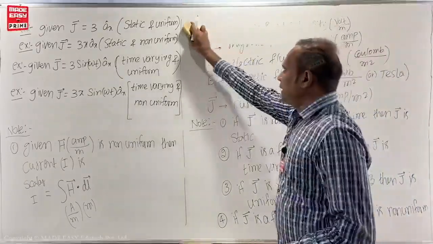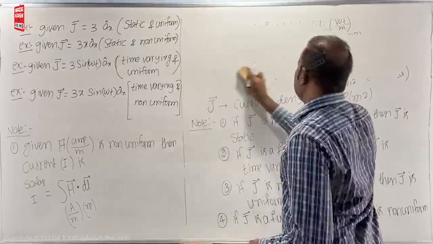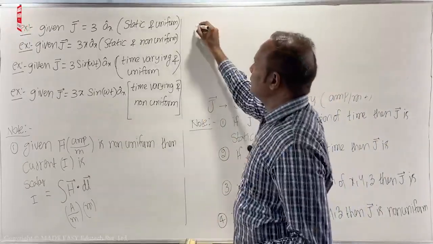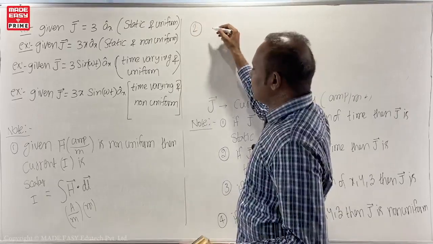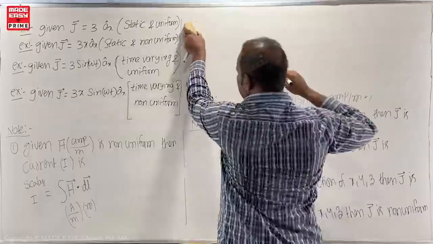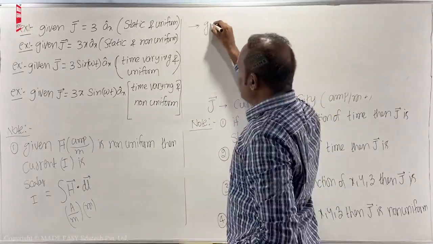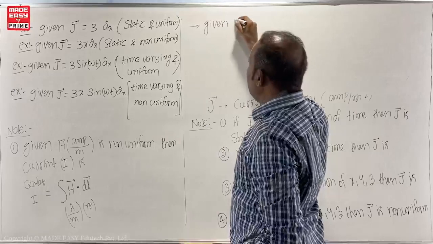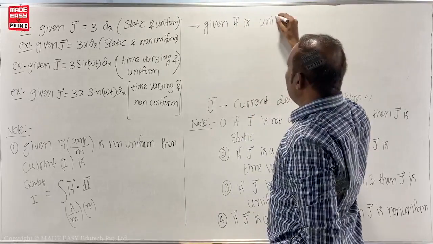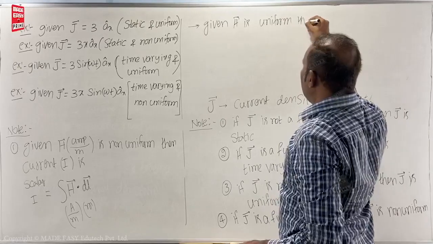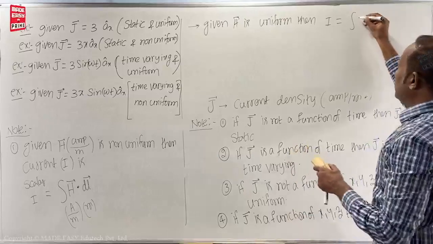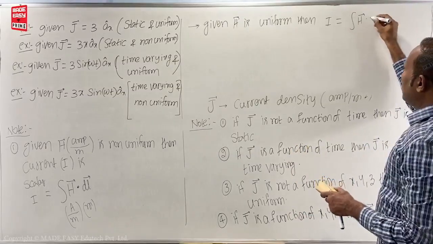Second example I will take. In the note, in this itself I will write, next line. Given h bar is uniform, then current is equal to integral h bar dot dl bar.